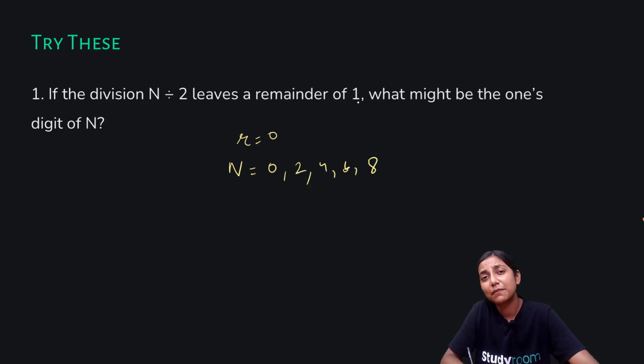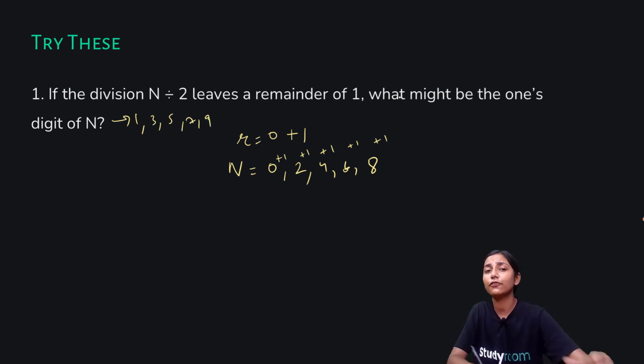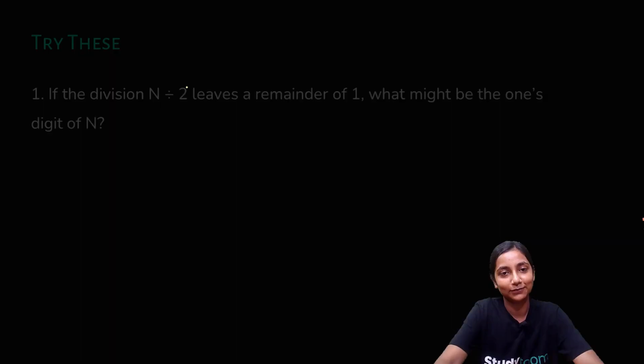But now we have a remainder of 1. That is, you will be adding 1 to all these digits as well. Therefore, the answer will be 0 plus 1, that is 1, 3, 5, 7 and 9. Therefore, the ones digit of n can be either 1, 3, 5, 7 or 9.